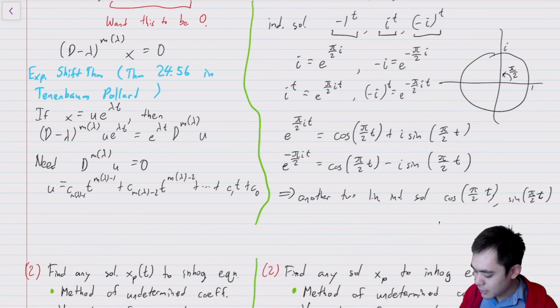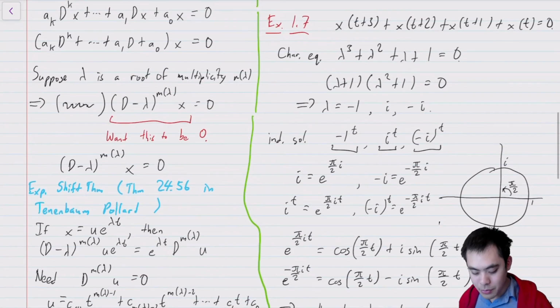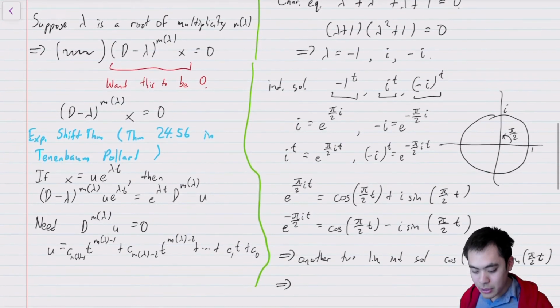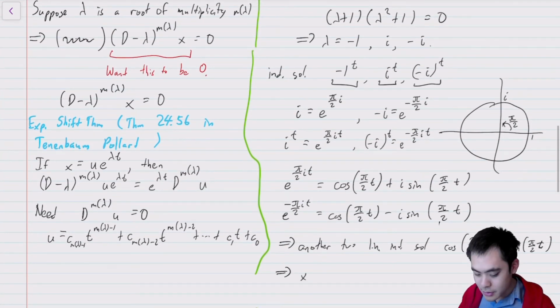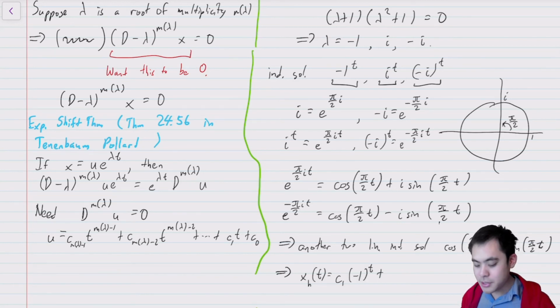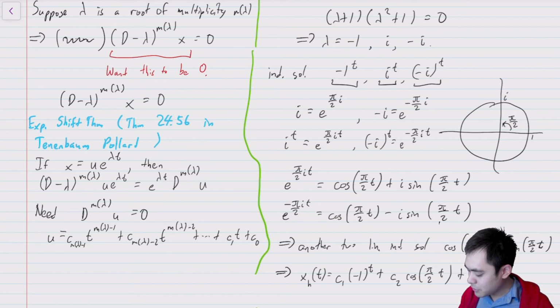So a general solution to example 1.7 is x sub h of t equal to some constant c1 times minus 1 to the t, plus some other constant c2 times cosine of pi over 2 times t, plus some third constant c3 times sine of pi over 2 times t.